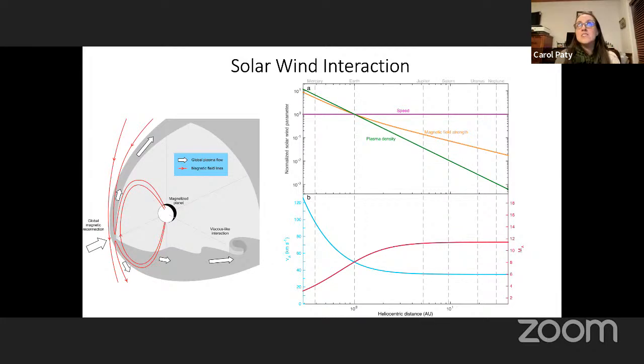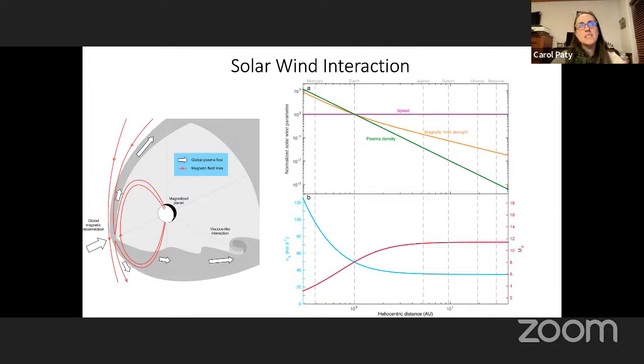And the magnetic field strength also decreases, but not linearly, or not even as 1/r squared, like the density might. And so what that means is characteristically, if we think about that Alfvén speed, like that magnetosonic number of what drives the interaction, the further you go out in the solar system, the Alfvén Mach number increases, because the Alfvén speed is decreasing and the solar wind stays at 400 kilometers a second.